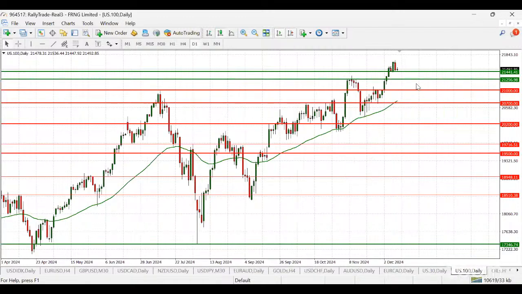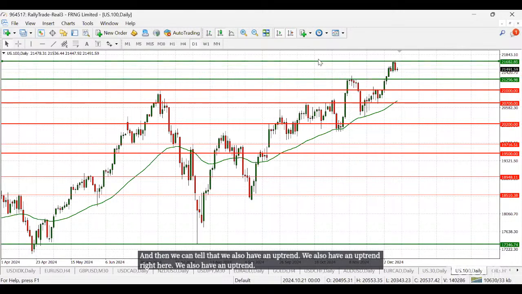One look at this too, and then we can tell that we also have an uptrend. We also have an uptrend right here.